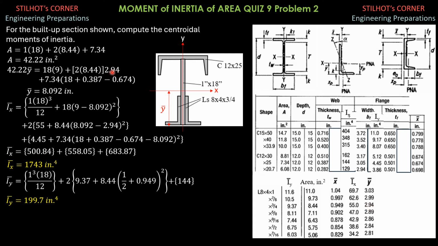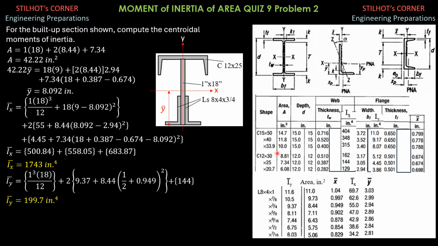Then for the channel, it should be 18 inches plus the thickness of the web of the channel, minus bar x, the distance from the left edge of the channel to the centroid.